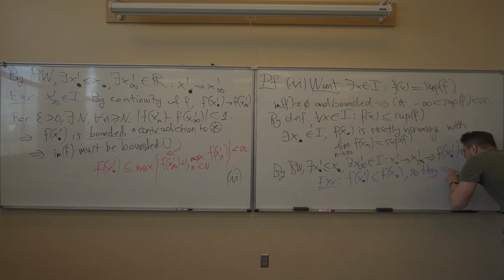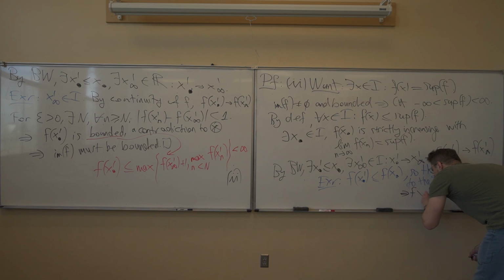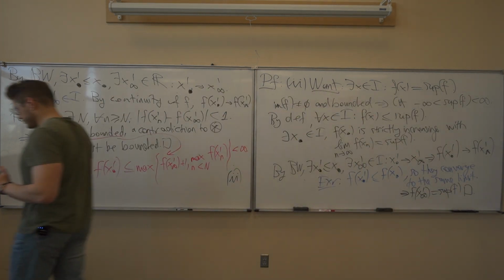So they converge to the same limit. In other words, this limit equals this limit. That is to say, sup of F is attained exactly at F of X prime infinity. And that's the end of the second part.